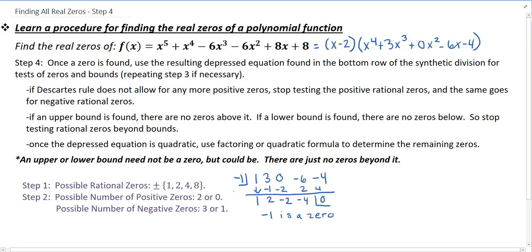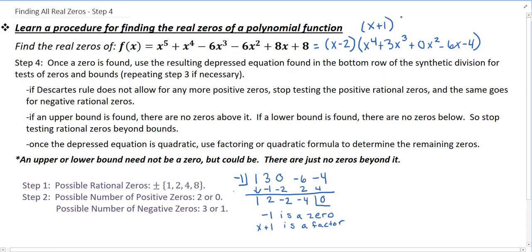Now, if -1 is a 0, that means x minus a -1, which is x plus 1, we know that is a factor. And so we just divided out the factor x plus 1 from our depressed equation, x to the 4th and so on. So now we have a new depressed equation with 1 degree less than that 4, so it's now degree 3.